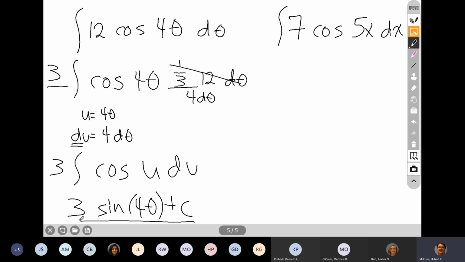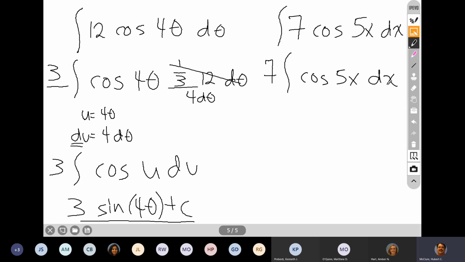I'm just going to pull that 7 out because that 7 and that 5 don't look like they have anything to do with each other. So 7 cosine of 5x dx.